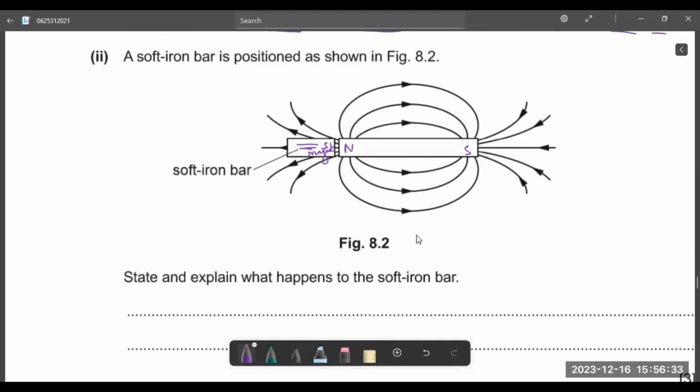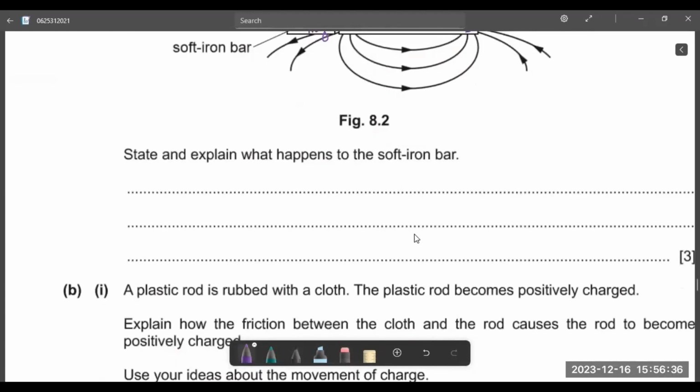So here this soft iron bar is attracted towards the north pole of the magnet.